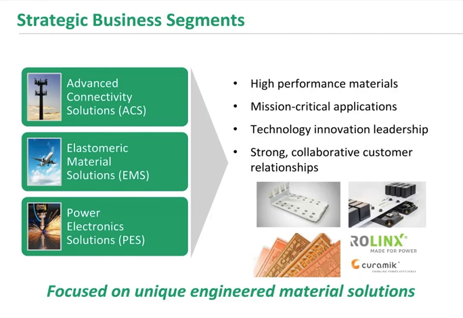Then there is Elastomeric Material Solutions, manufacturing silicone foams, fabrics, films, and foils. And the 3rd division, where both of us are working, is Power Electronic Solutions, called PES. And here there are 2 brands that are very well known on the power electronic market. One of them is curamik. This is for our substrates business that goes to the power modules. And then we have ROLINX.